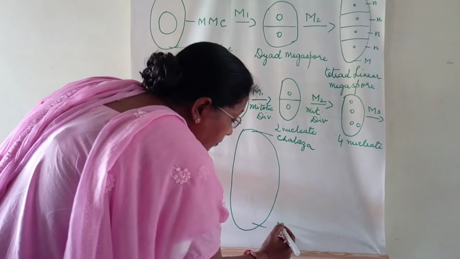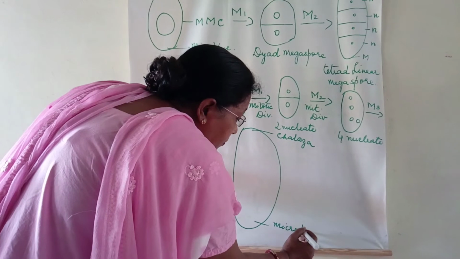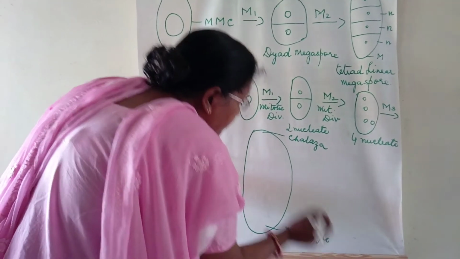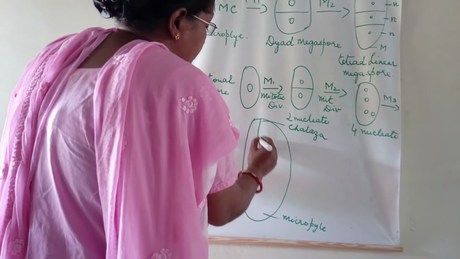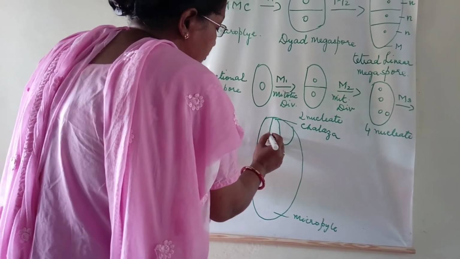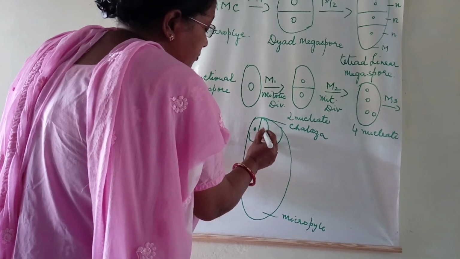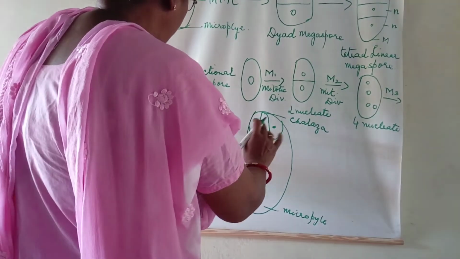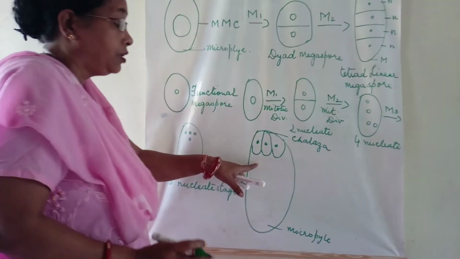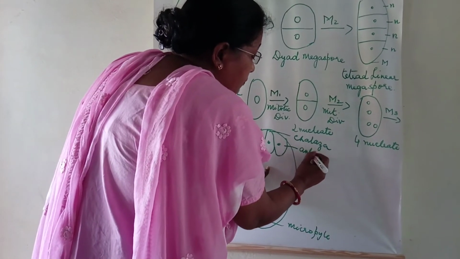And this is the micropyle or the micropylar end. The three cells at the chalazal end are known as antipodal cells.